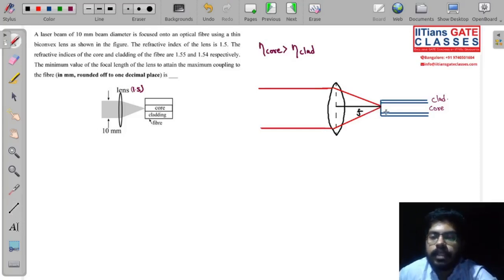One thing they have assumed in the question is that the diameter of the core is negligible. If the diameter of the core was there, then this diagram would have looked something like this.